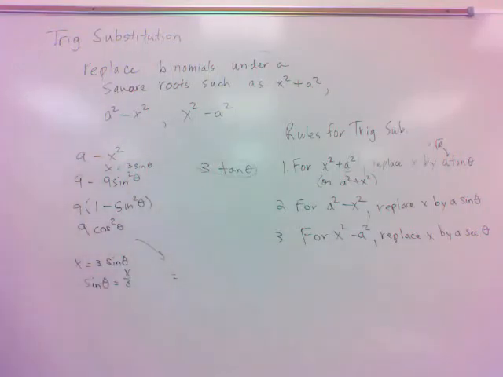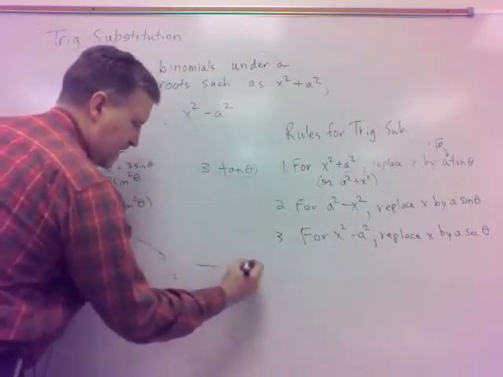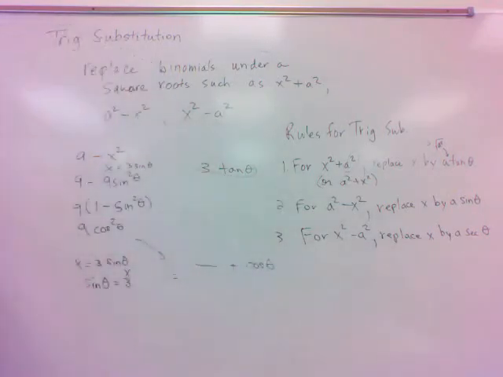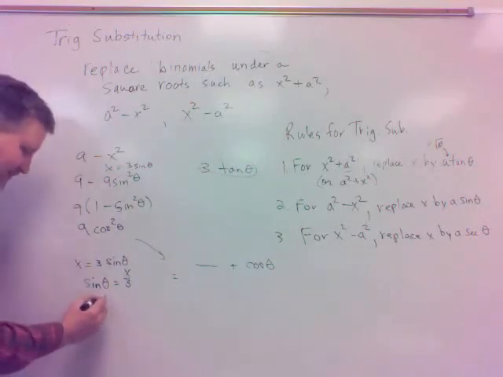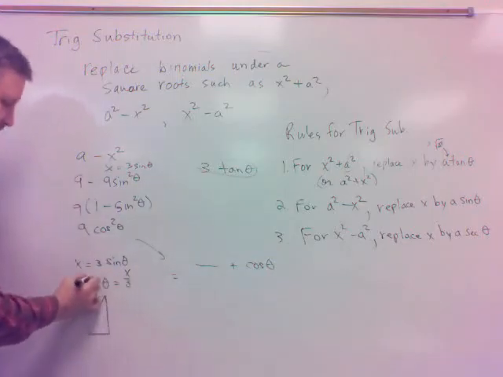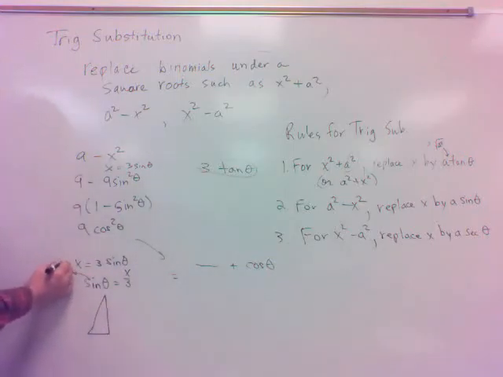So that's easy to convert. What if, hypothetically, my answer has something with cosine in it? Well, I know x equals 3 sine theta. What does cosine theta equal? Well, that's where you have to go to our lovely right triangles. Remember, sine is opposite over hypotenuse, SOHCAHTOA.